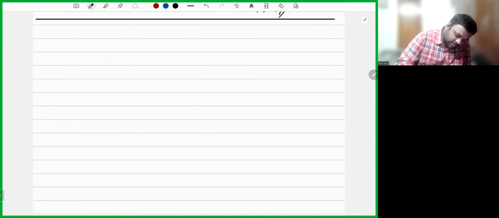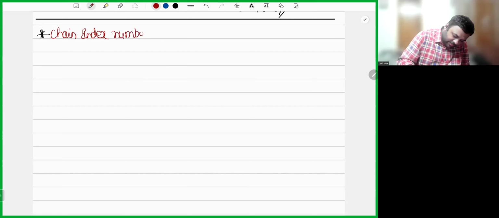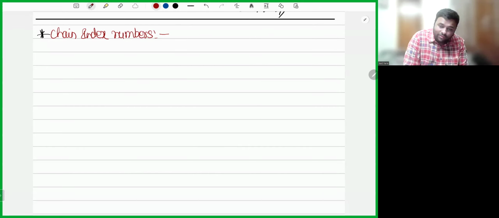Chain index numbers. Again, this is also a theoretical concept. It's not a practical concept. Chain index number, there's no practical application to this. When you read it, automatically you will understand. So what one statistician thought, why shift base every time after 20, 30 years?